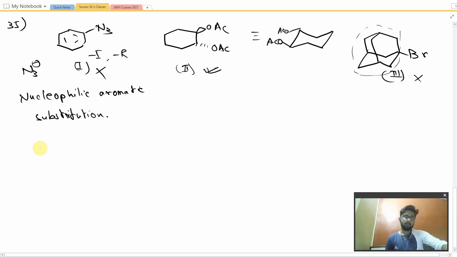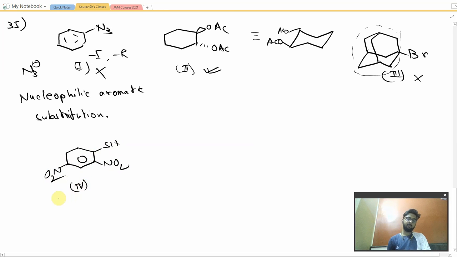So let us now write question number 4. The option 4 that is given is SH, NO2, NO2. This is obviously structure number 4. This compound can undergo nucleophilic aromatic substitution. Why?